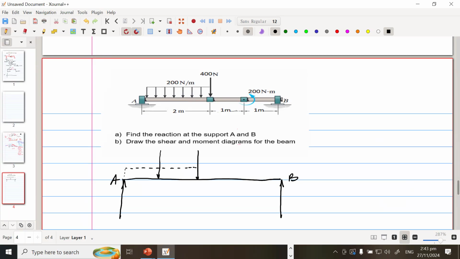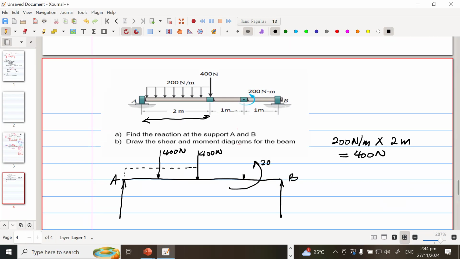How do I convert it? I know 200 Newton per meter times the distance, which is 2 meters. So now I end up with 400 newtons. This now becomes 400 newtons.